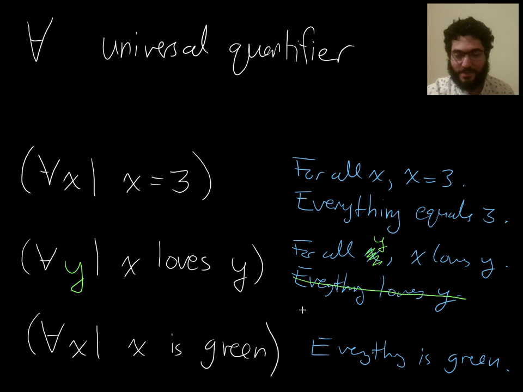See if you can pause the video and guess. And here's the answer. It says x loves everything. So you have to mention x in order to say this statement, but it's not about y. It's about x specifically, but y doesn't matter. Y is just a placeholder in order to talk about how x loves everything.